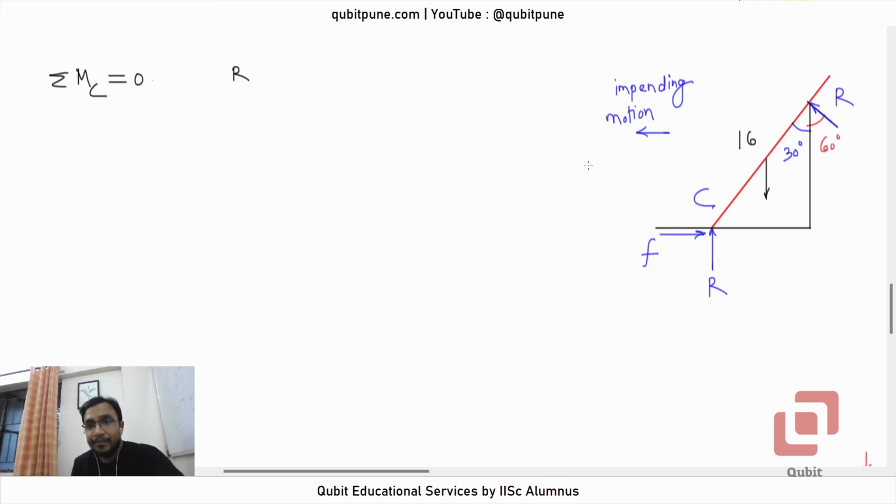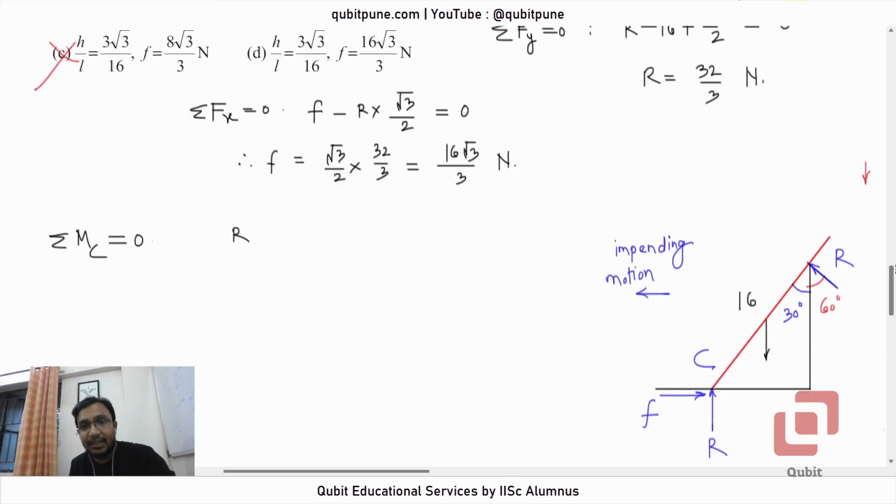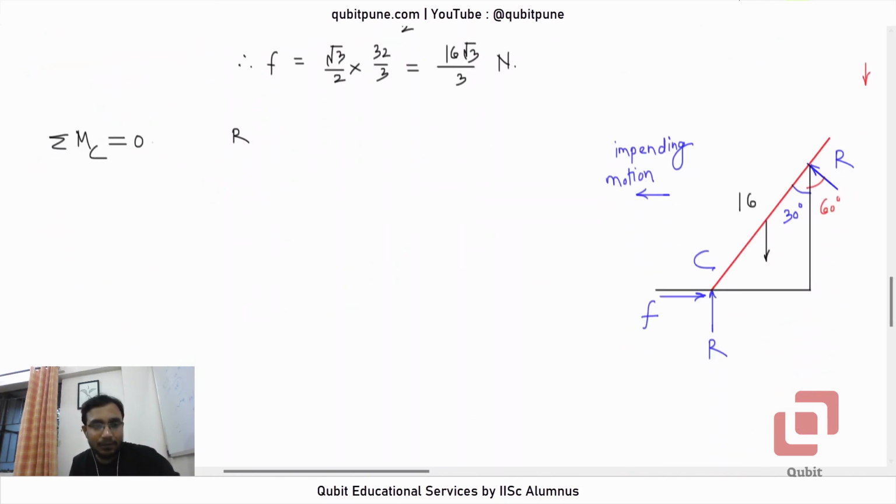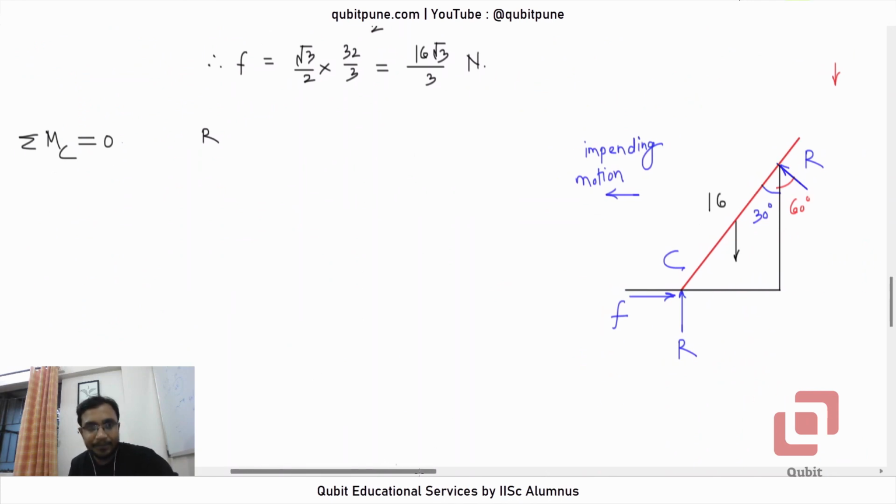Now do not take length of the ladder because they have deliberately mentioned that a small portion of the stick extends beyond the wall. So now we have to bring in the height of the wall in play. What is height of the wall? Height of the wall is h.